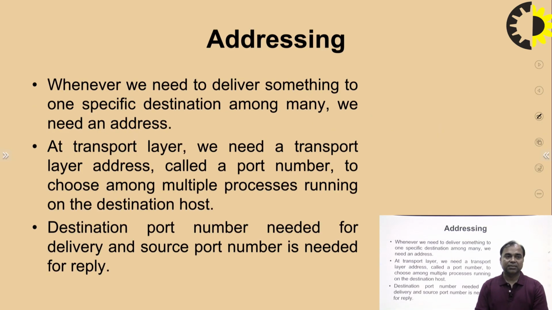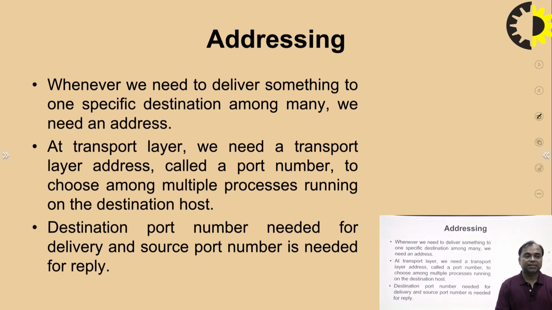Next is addressing. Whenever we need to deliver something, to specify the destination among many, we need an address. So addressing is also an important part of the transport layer. In the transport layer, the address is called a port number, used to choose among multiple processes running on the destination host.